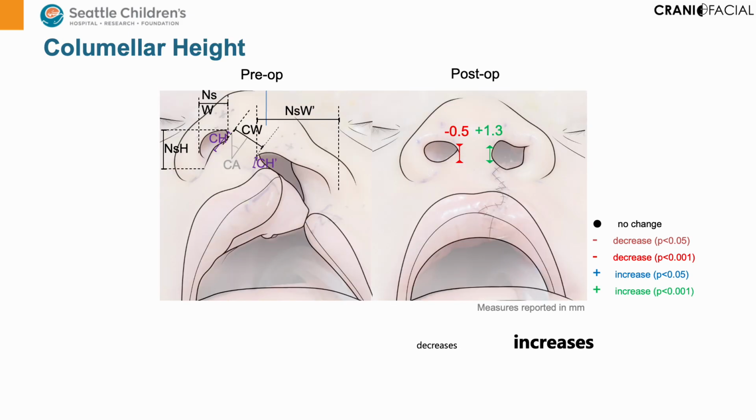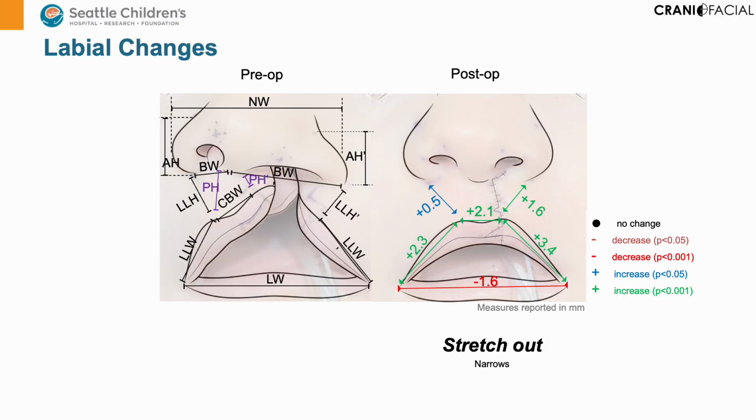In terms of the columella, it stands up on the cleft side while it sits back down on the non-cleft side. As for the lip, everything gets stretched out and everything becomes greater in its dimension, but with that stretch, we're dragging the commissures together and creating a little bit of a microstomia.